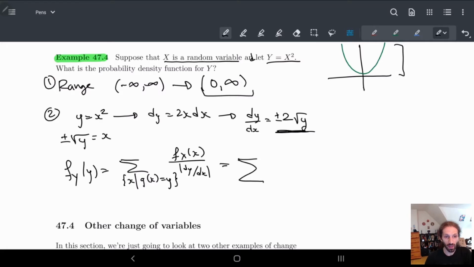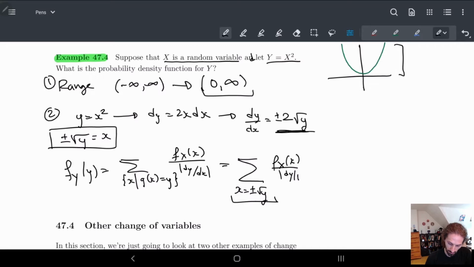So x is either going to be plus or minus square root of y. This is the two summations, our two possibilities. In other words, we're going to look at the sum over all the x such that x is equal to the square root of y.